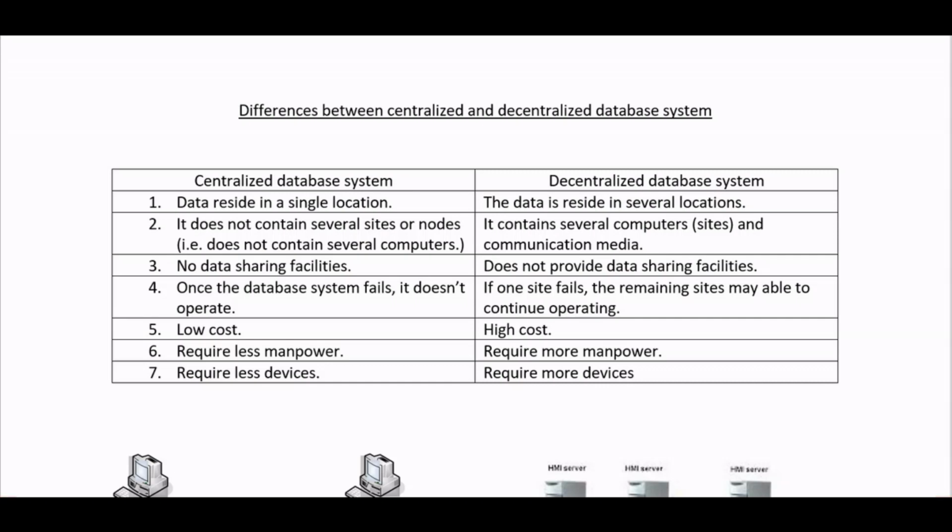Once the database system fails, it doesn't operate. As we know, the data is stored in a single place, in a single device. When the device fails, it doesn't operate.